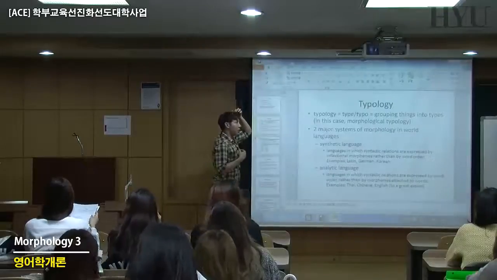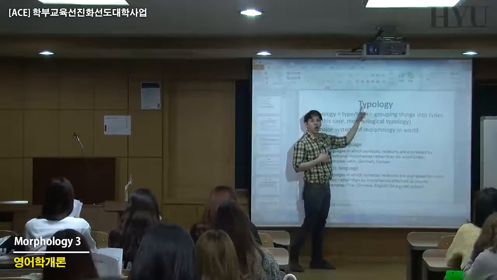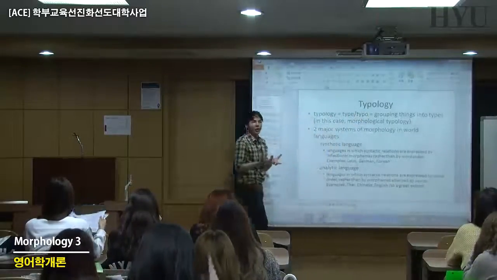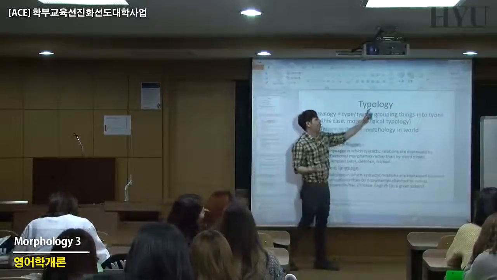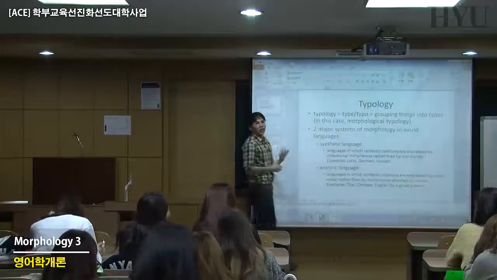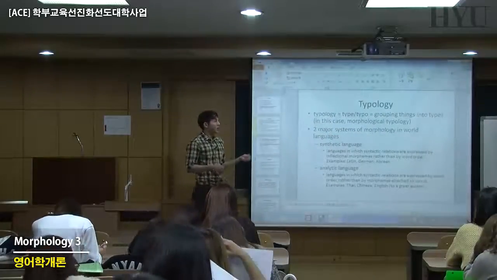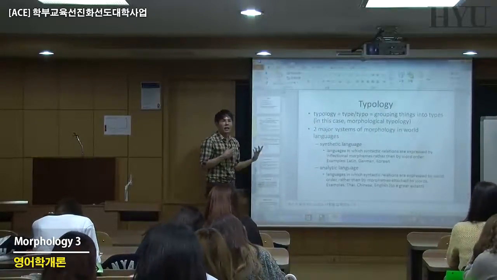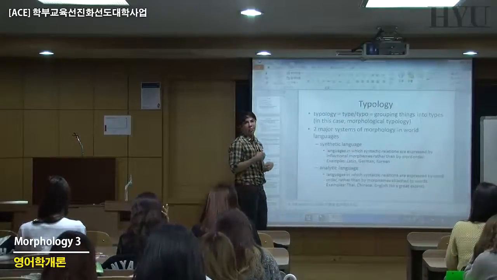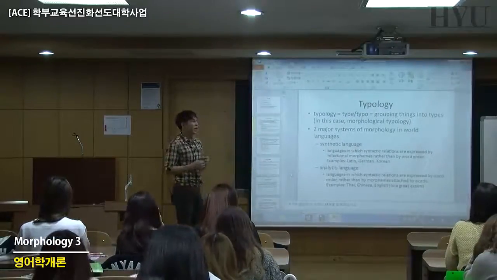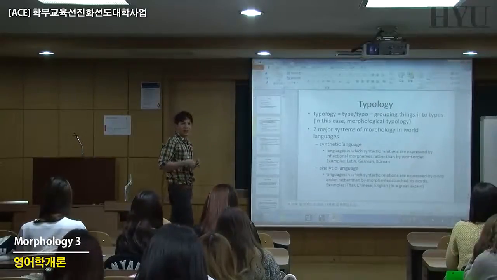Okay, typology, you know, typo is type, right? A kind or a type. OG is like study of or knowledge about. So typology is the study of different kinds of morphology systems.